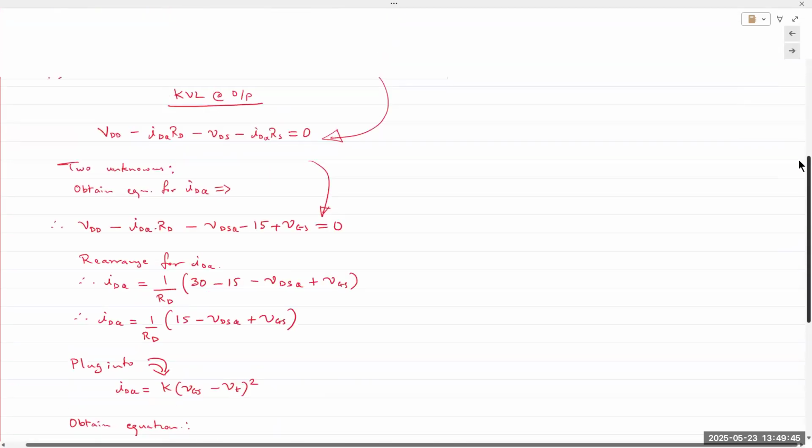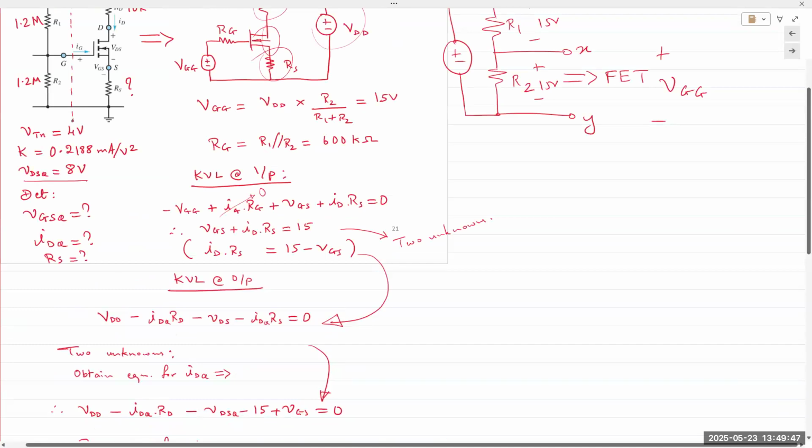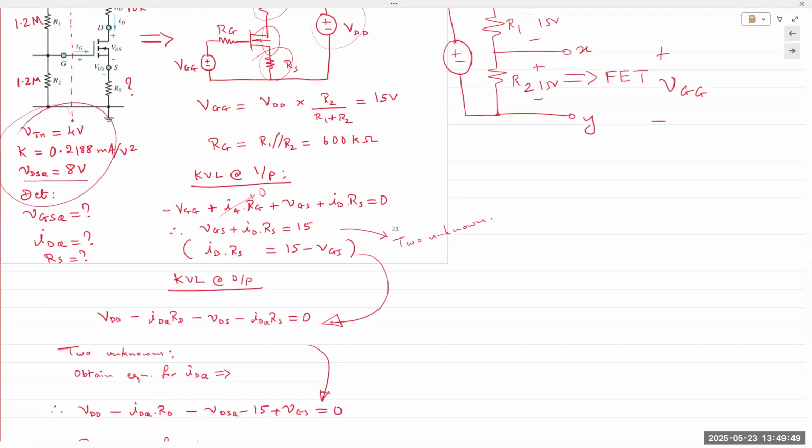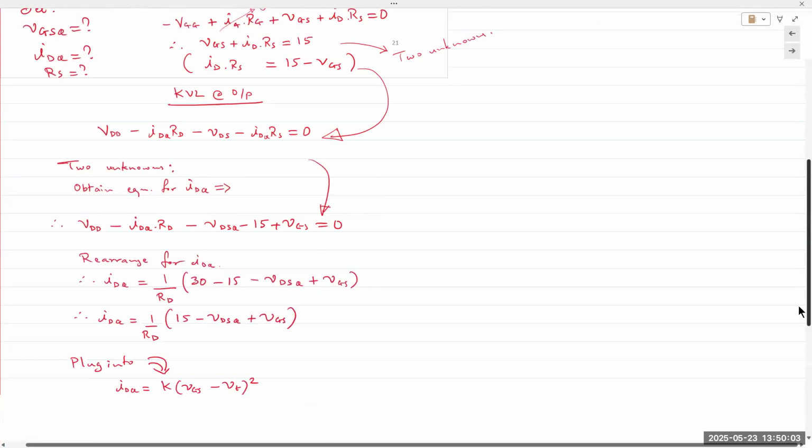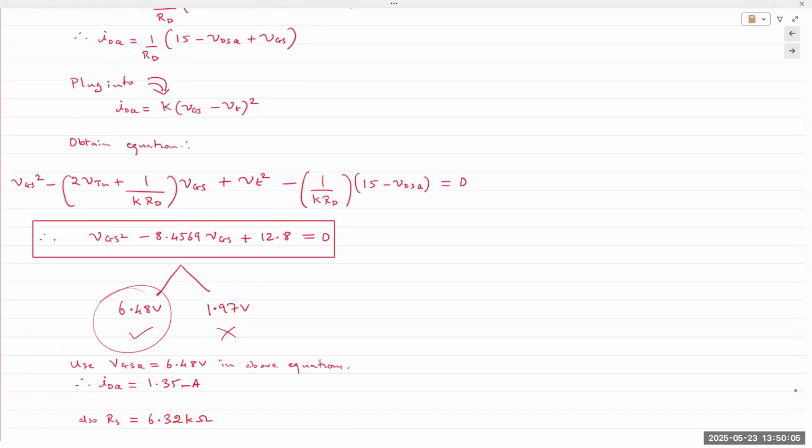Answer is already there. It can't be less than 4 volts. If it's less than 4 volts, then our device isn't cut off. So VGS value must be larger than 4 volts, which the first root is, the second one is not, right?